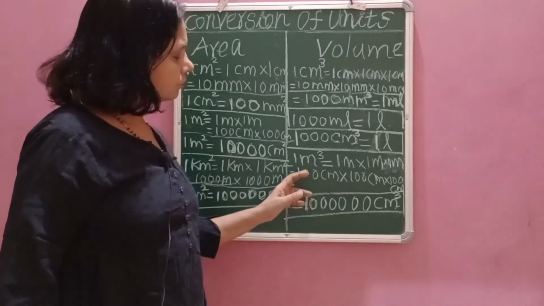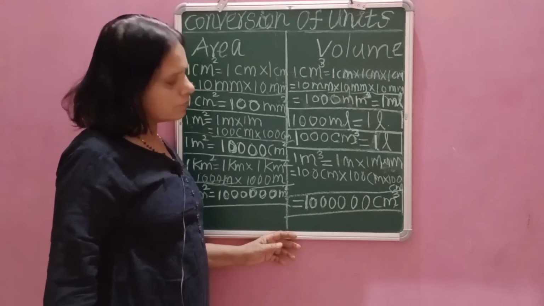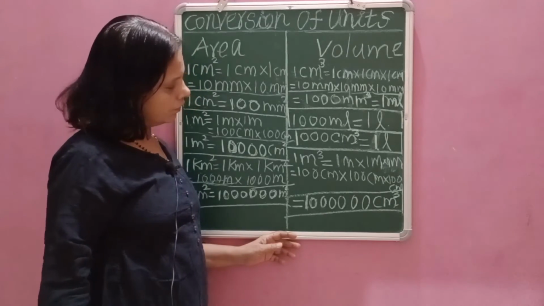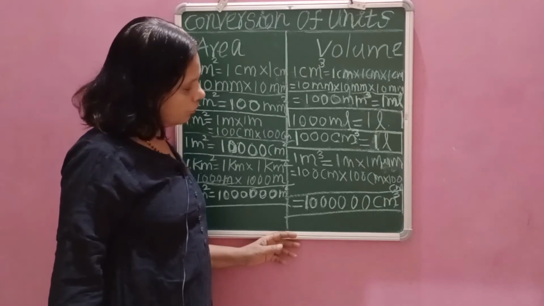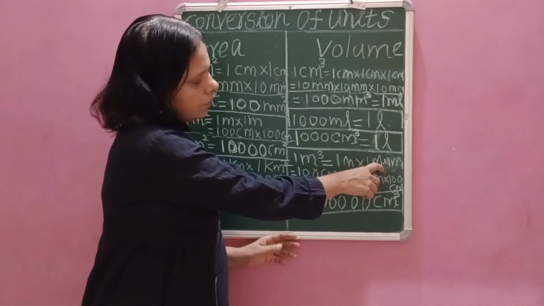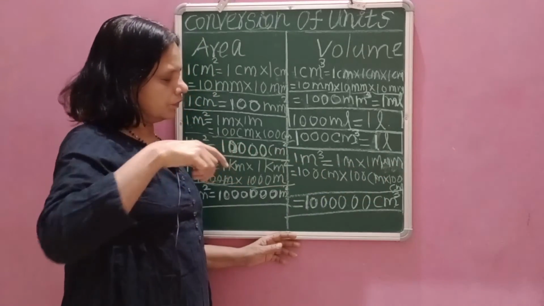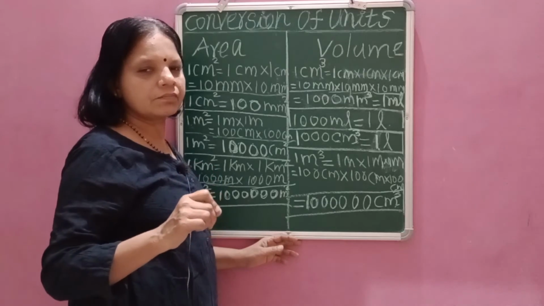Now we will relate meter cube and centimeter cube. 1 meter cube equal to 1 meter into 1 meter into 1 meter. We know that 1 meter equal to 100 centimeter.